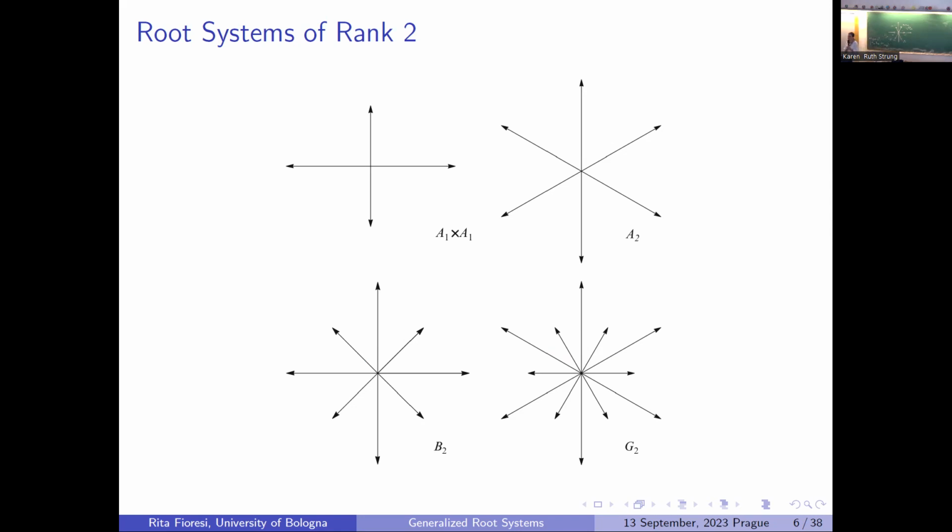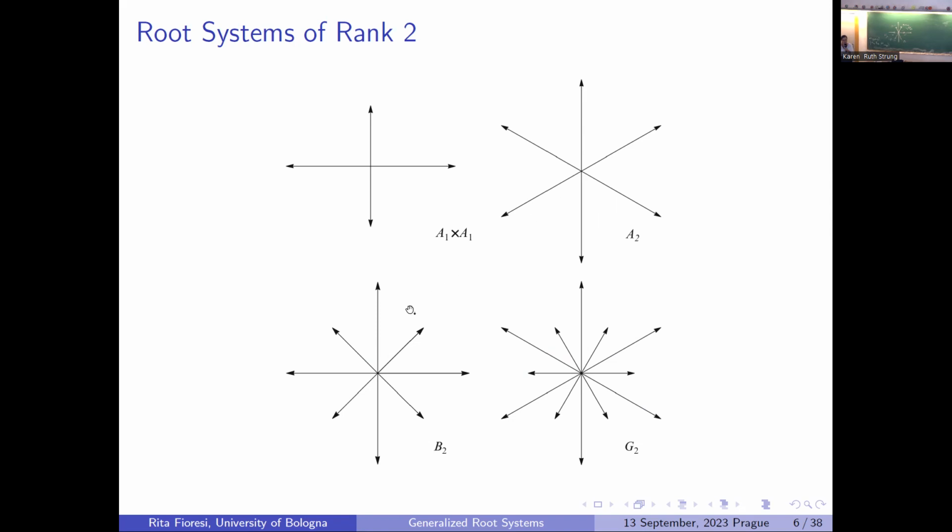I just want to point out one small thing about these pictures, which turns out to be important for the generalized root system classification. A1 times A1 is not irreducible, because it splits in 2 root systems, so to speak, of rank 1. The A2, see, does not have any right angle.